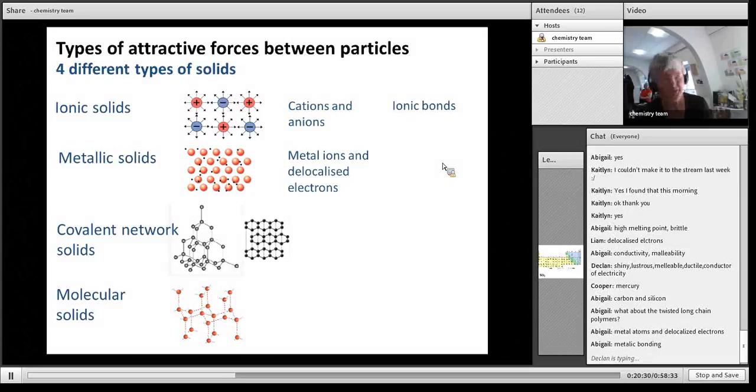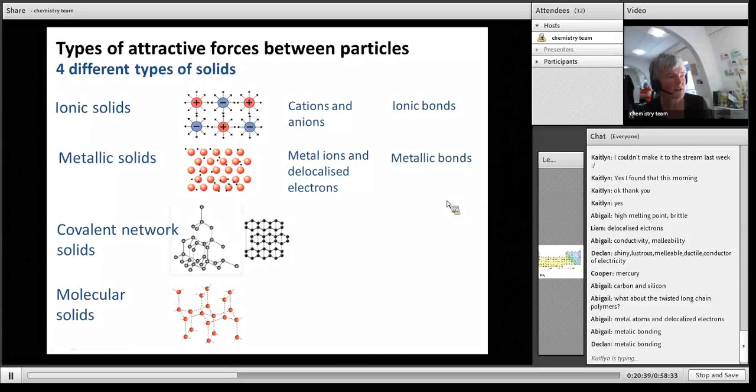Metallic bonding. Okay, so these are pretty simple. Ionic solids have ionic bonds. Metallic solids have metallic bonds. Okay, here you just have to say cations and anions, not atoms. Okay, this one is the metal atoms, ions, and delocalized electrons.